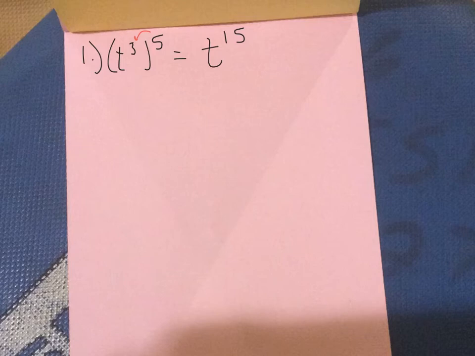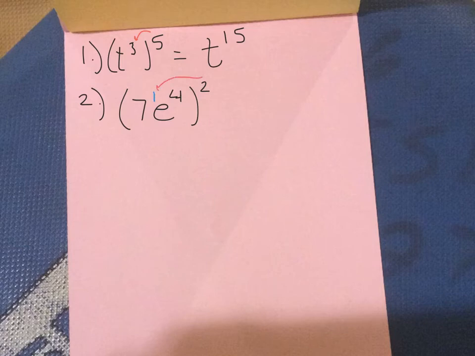The only time it gets complicated is when we have multiple things in those parentheses. So like 7 e to the 4th, squared. Remember, if we don't see an exponent, there is a 1, and we're going to distribute the 2 to the 1, and the 2 to the 4.